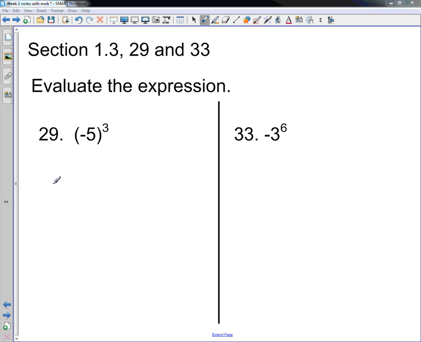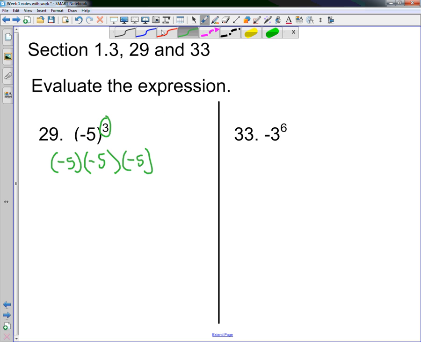So the cube means we're going to have 3 negative 5's being multiplied together. But what we want to do is keep the negative 5 in parentheses and rewrite it 3 times. Okay, we're doing it 3 times because we have an exponent of 3.